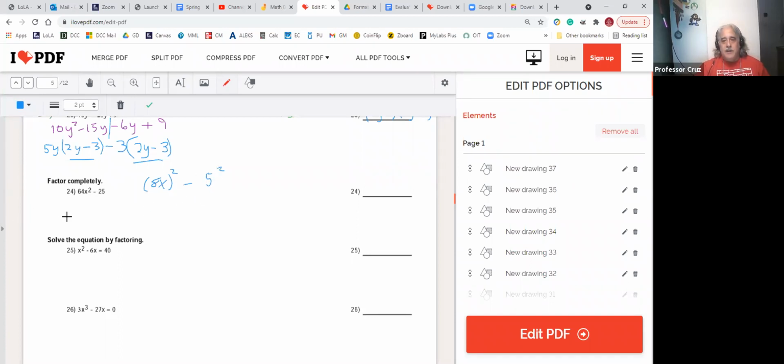So we can write this as, because it's that difference of squares, 8x plus 5 and 8x minus 5. Okay? Yeah.